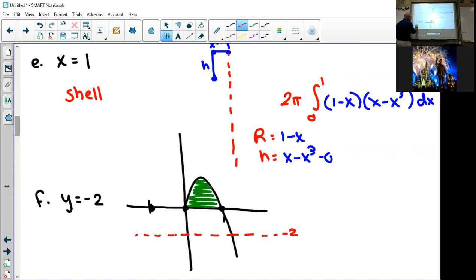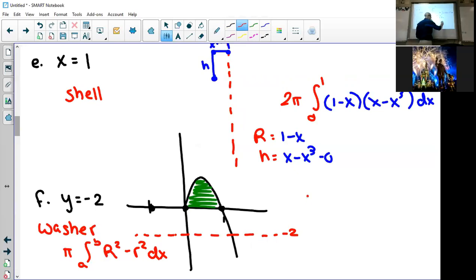There's all this space, so I'm going to use washer again. Just remember washer: pi, a to b, big R squared minus little r squared dx. So again, pi, a to b is still 0 to 1. Love when we're working with the same picture. And we've got to find big R and little r.